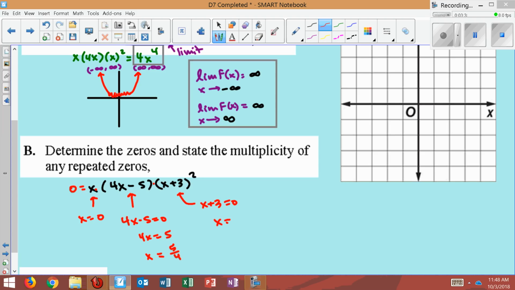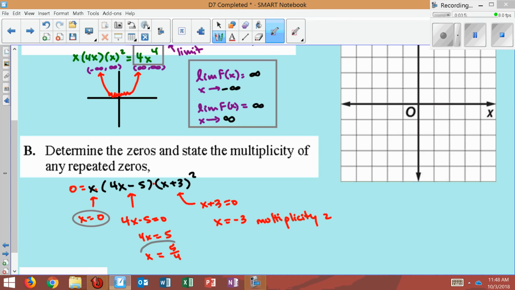You have that x equals negative 3. Since it's squared, this would be multiplicity of 2. And so here would be our answers. We have this one, and this actually counts as 2 zeros.